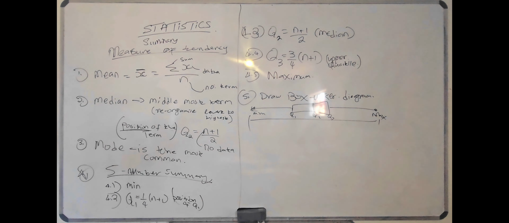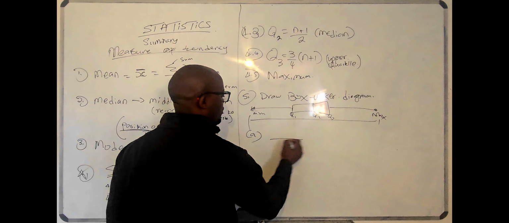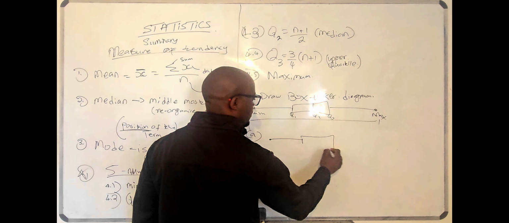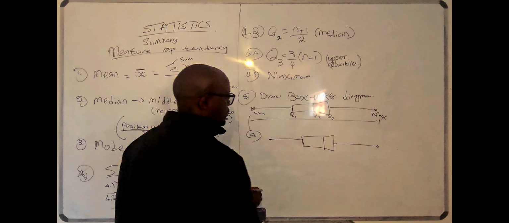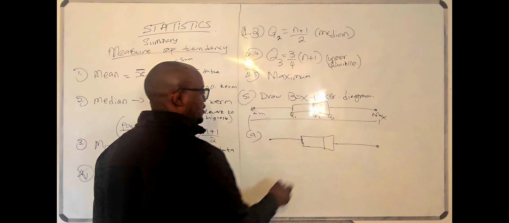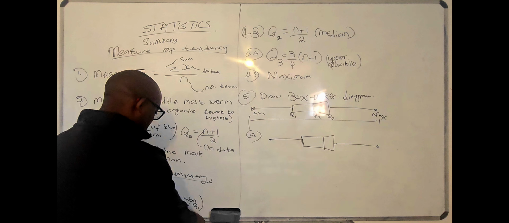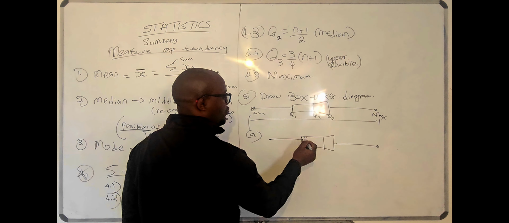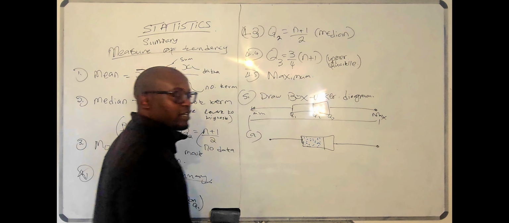Sometimes you're going to be required to comment on the skewness of the data. So let's unpack that right now. If the box and whisker looks like this, what does this mean? The way that I always think about it is that most of your data is on this side, and you have very little data on that side.